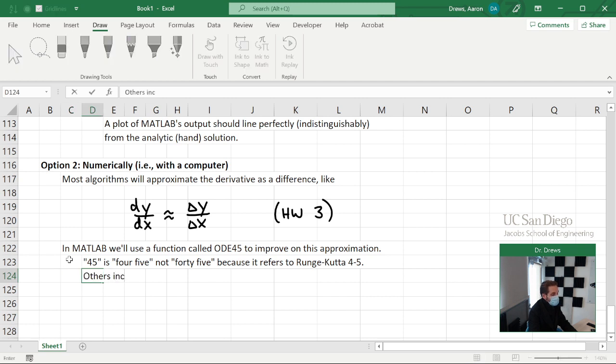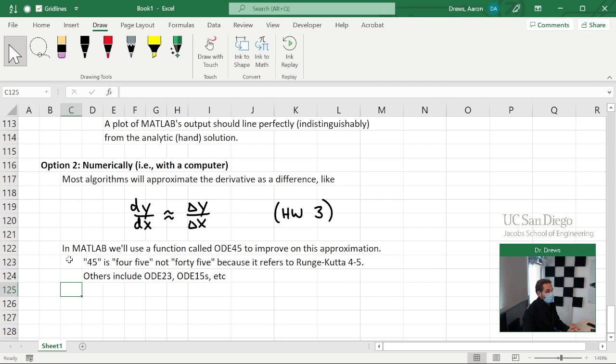There are some others that we're not going to worry about right now. There's an ODE23, there's an ODE15S. If you do that fun command, help fun, you'll see a bunch of other ones. But it's rare that you're going to need any more than just 4.5. 4.5 covers the vast majority of stuff.